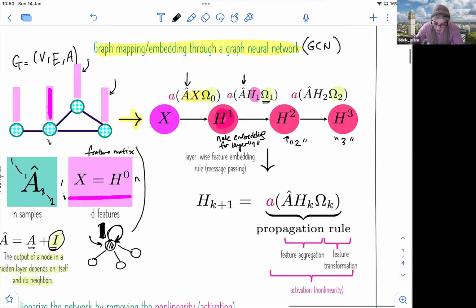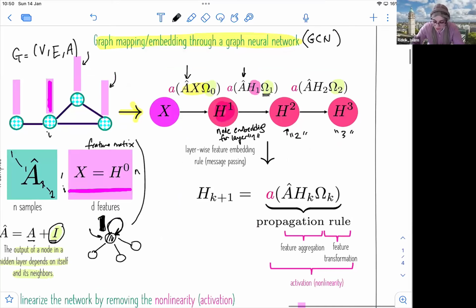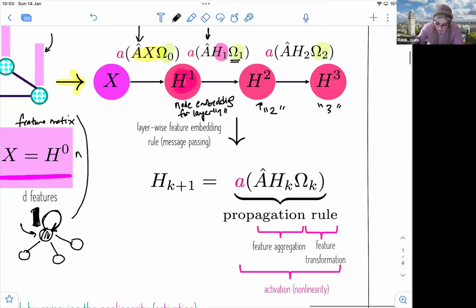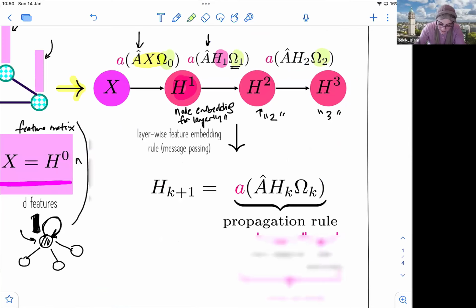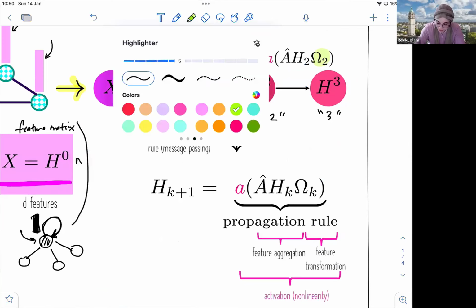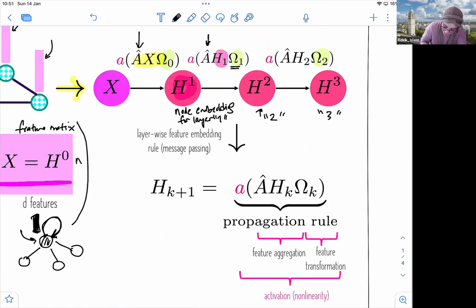So what's actually going on here? What is this vanilla network doing? First, we call this the propagation rule of the network. We call it also the message passing rule from a node to other nodes in the network, okay?